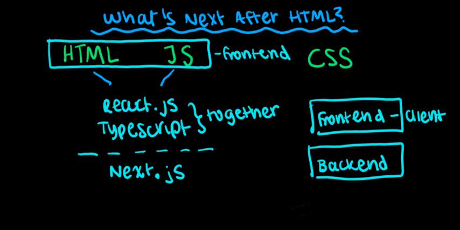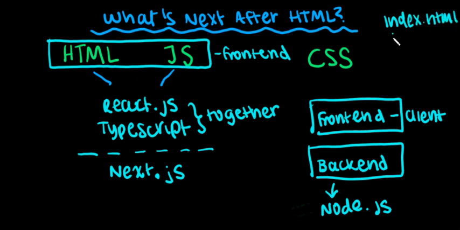If you want to integrate a backend, you would, for example, use Node.js. And Node.js allows you to, instead of having inside your URL index.html, change that to something like /home. So that's one of the functionalities of Node.js.